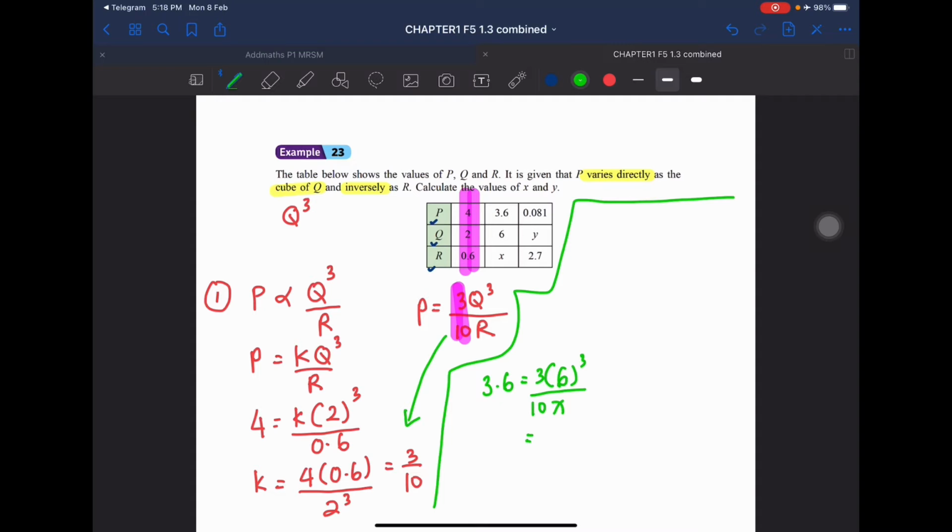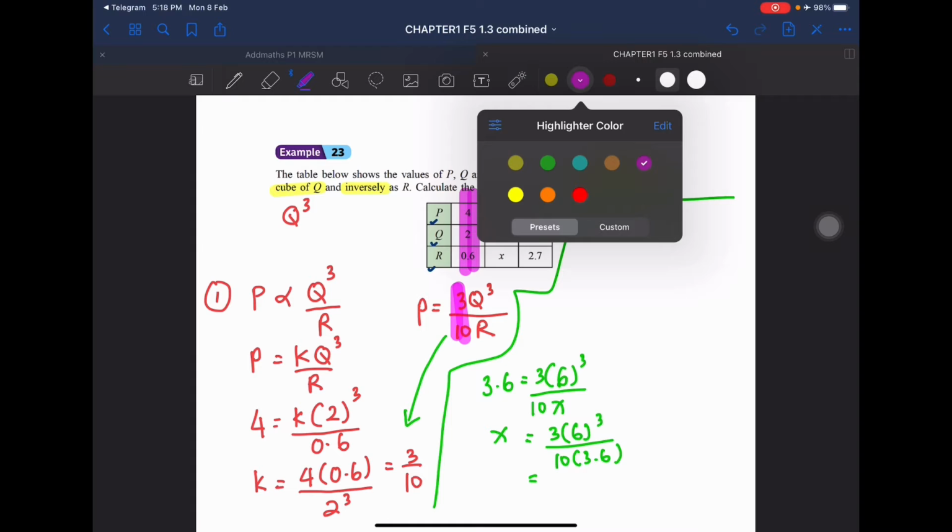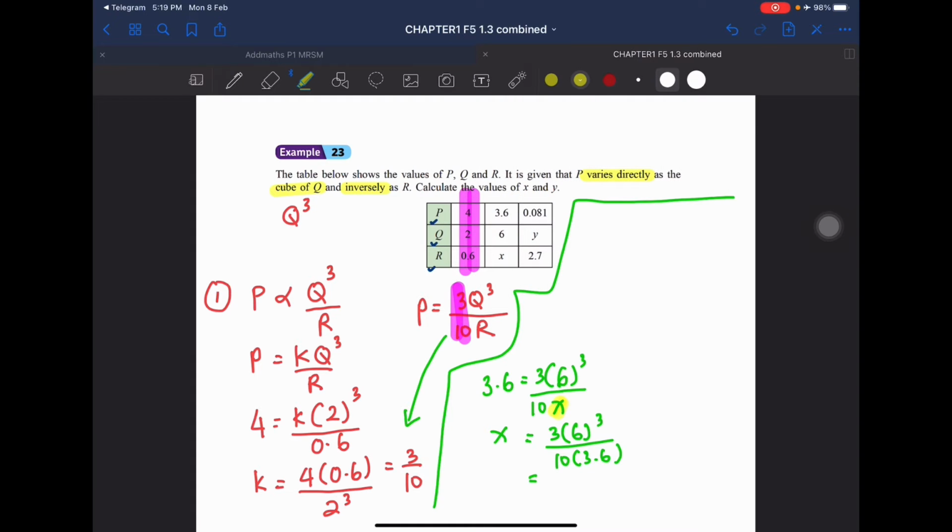And then x is equals to 6 cube divided by 10, 3.6. You just move this x to the left side and 3.6 to the right side. So you calculate these values in your calculator and your answer is 18.